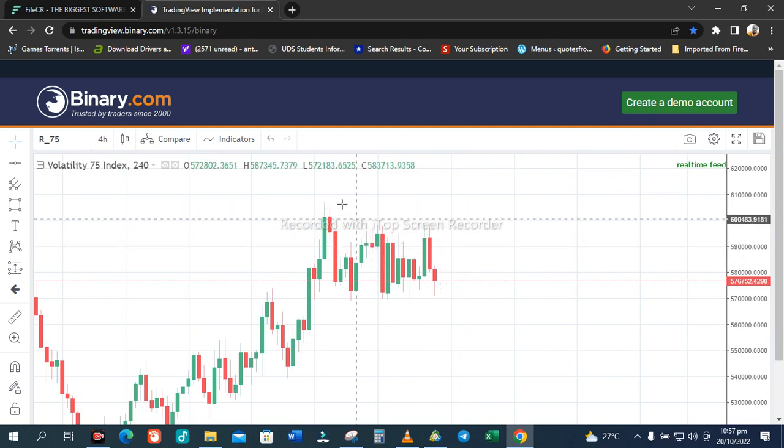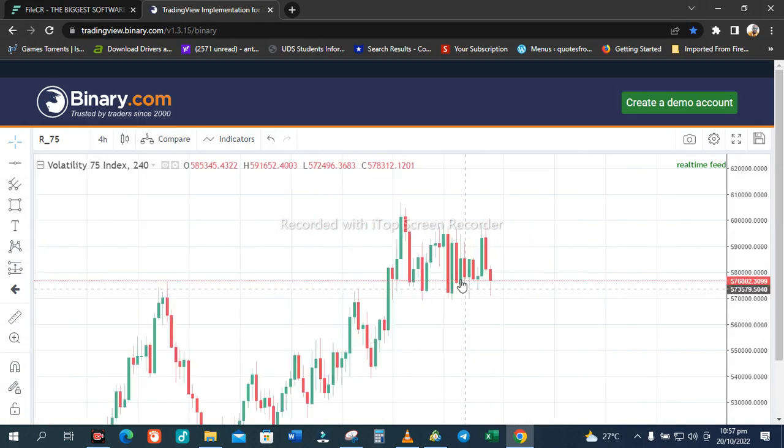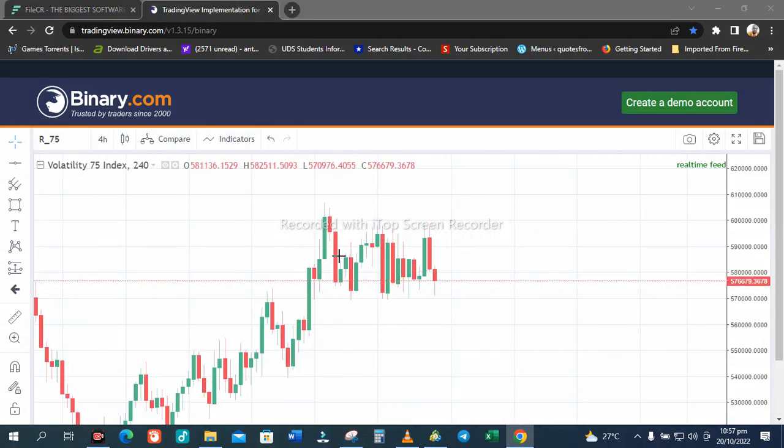On this time frame, after this long-term high, price actually came down, and then it came here to form a short-term low, came here to form another short-term low.